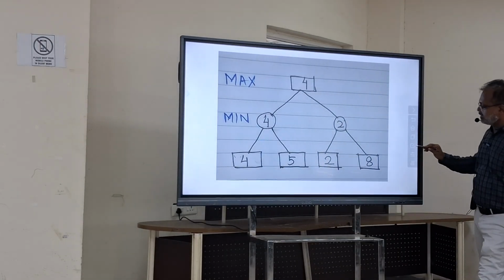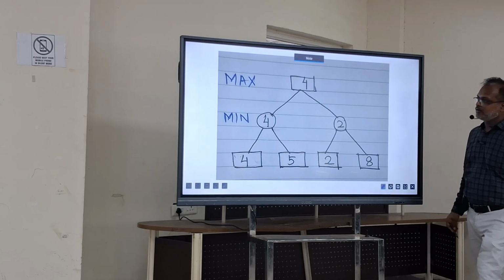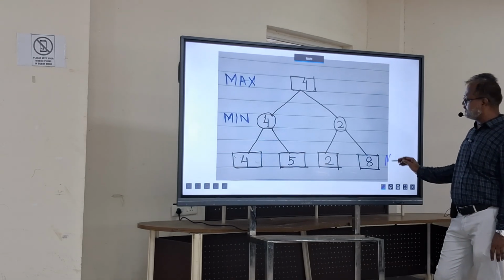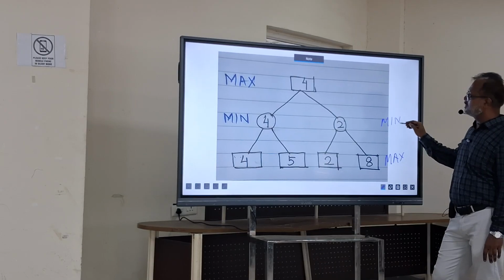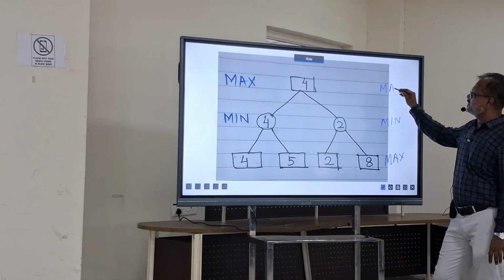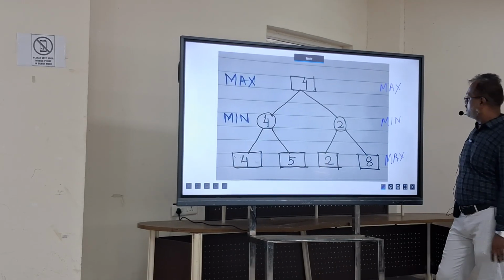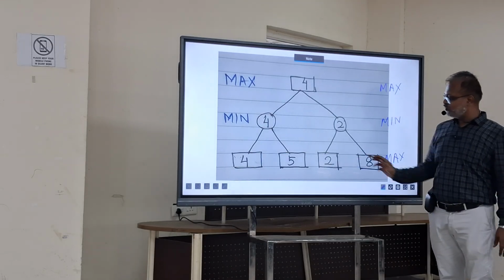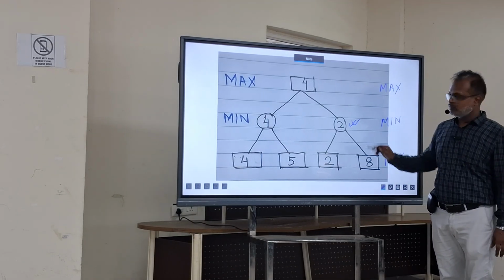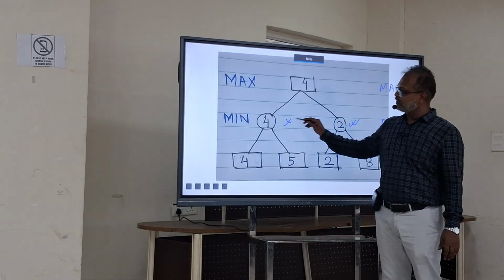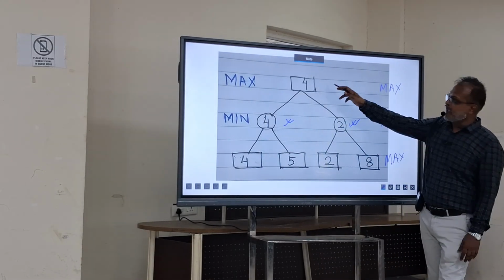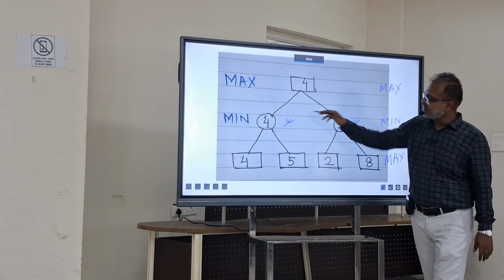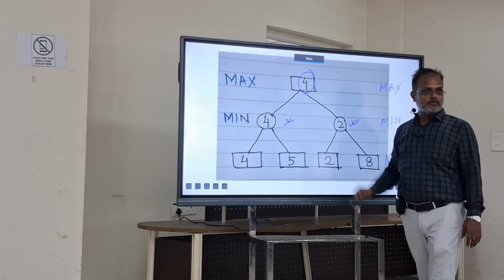See, this is a typical game tree. So this is max, this is min, again this is max. So that means max, min means 2, 8, the minimum is 2. 4, 5, the minimum is 4. This is min layer, but this is max layer again. So max out of 4.